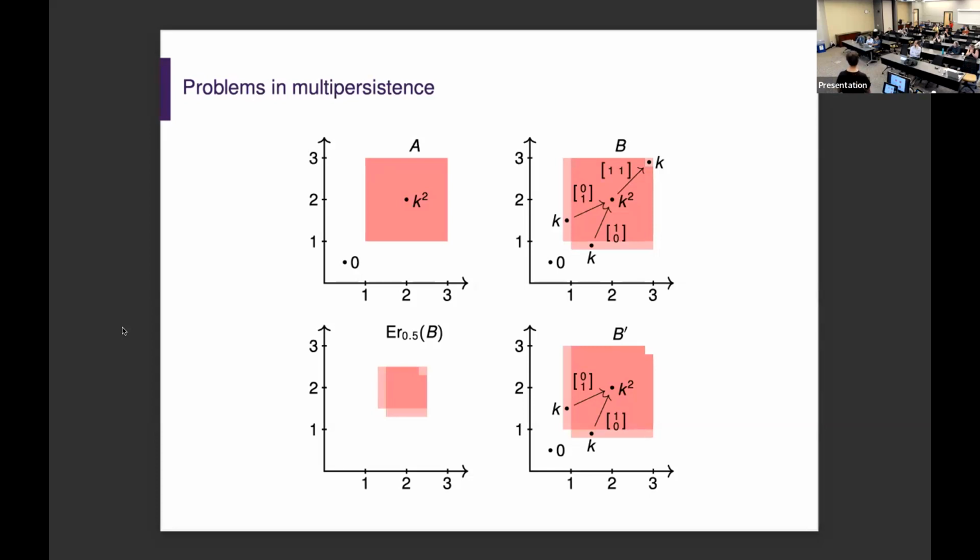I'm not sure exactly how to formulate the problem, but in the right way of formulating it, finding the best refinement is probably going to be NP hard. I don't have a proof or anything. With the erosion, you just erode and it's easy. You just push the generators and pull the relations.